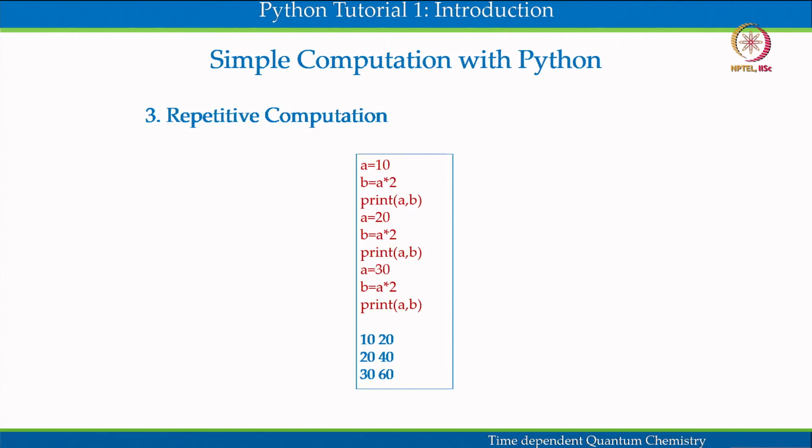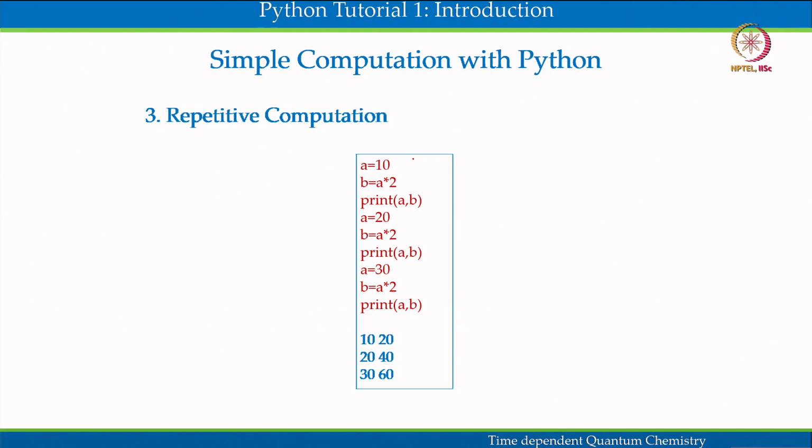So, we will move on to the computation, a little more complicated as compared to previous ones. Often in different computations we require to repeat a similar kind of computation several times.